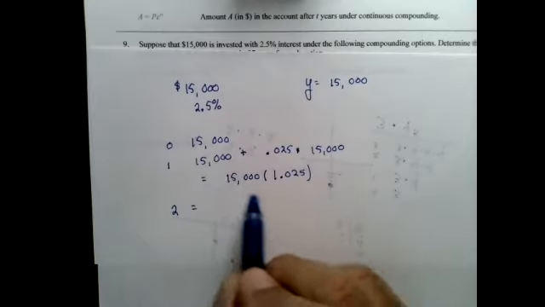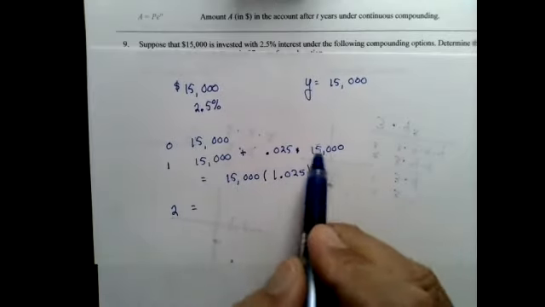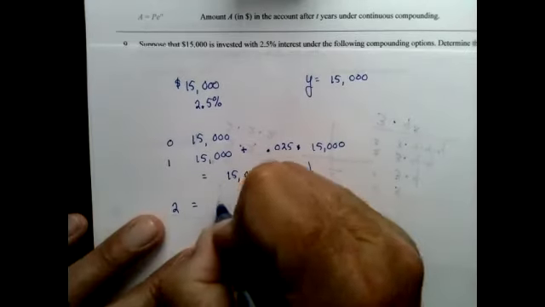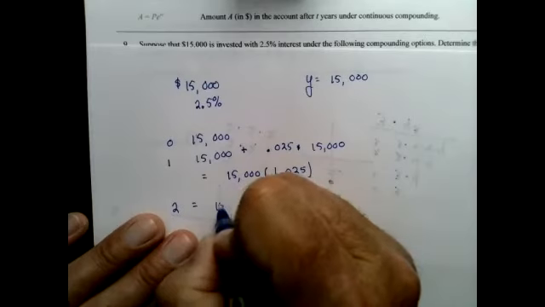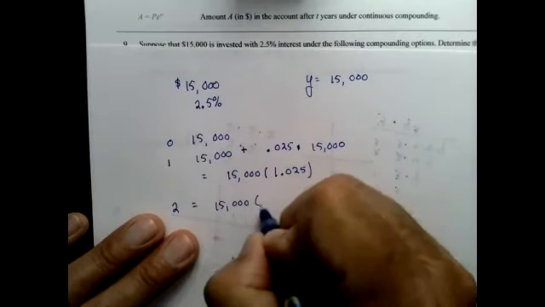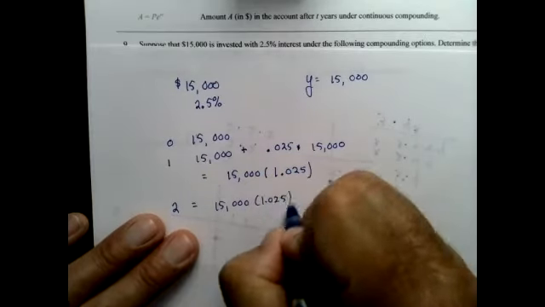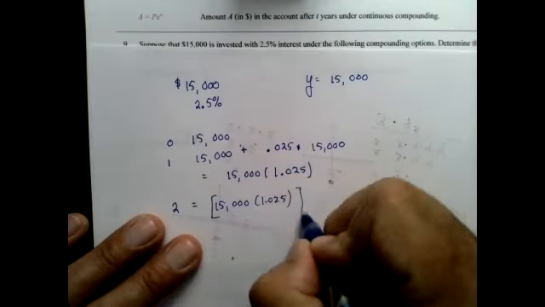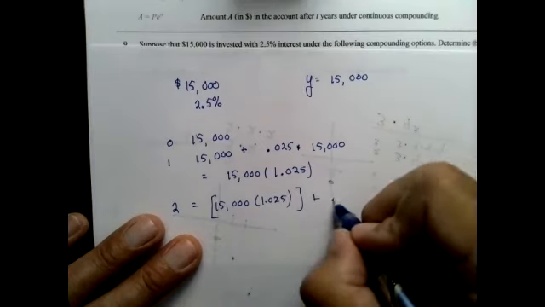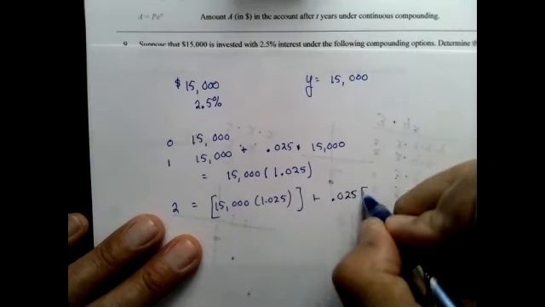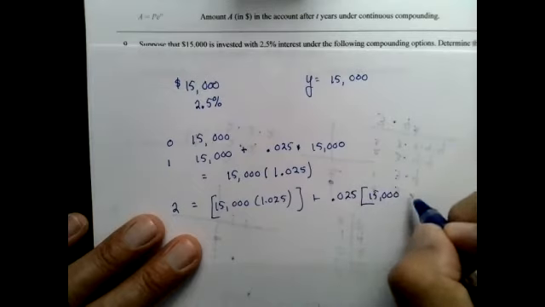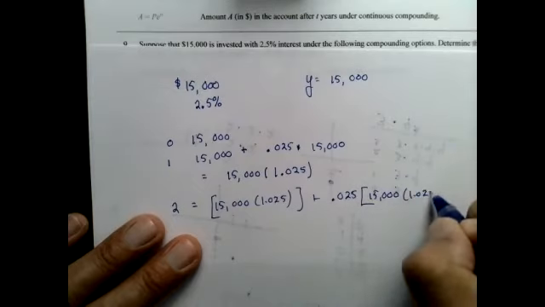So in place of this 15,000, it'll be this. So it's going to be 15,000 times 1.025, plus 0.025 again times that last year, which was 15,000 times 1.025.